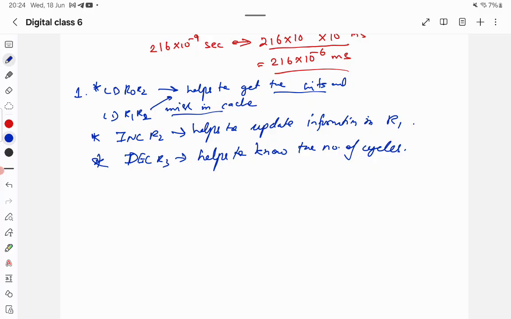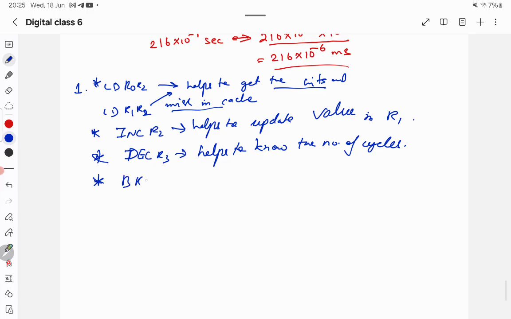So you will write: helps to update the value in R1. Instead of information, write value, because our register stores values. Decrease R3: what it is doing is helping us to know the number of cycles, like 6, 5, 4, 3, 2, 1, 0.